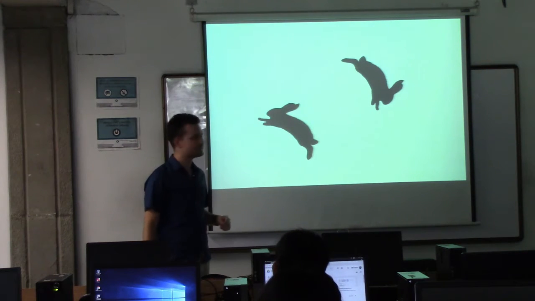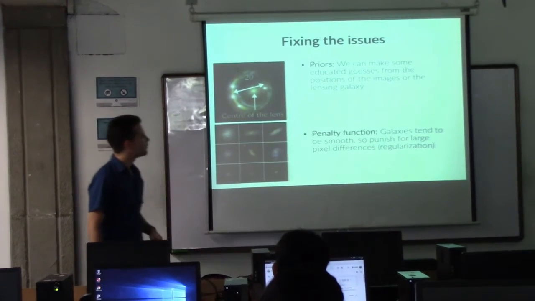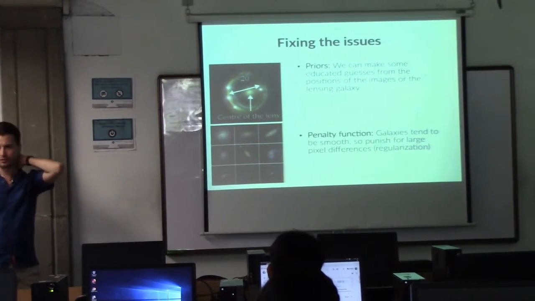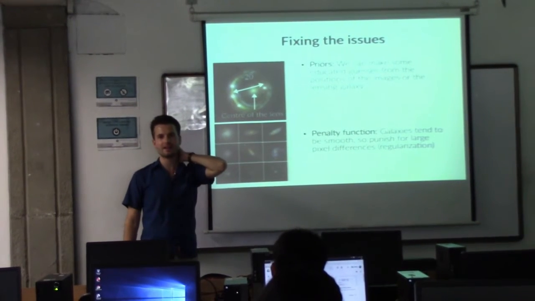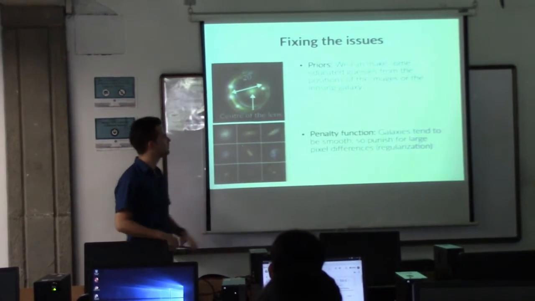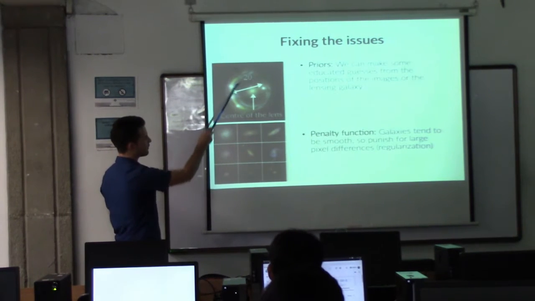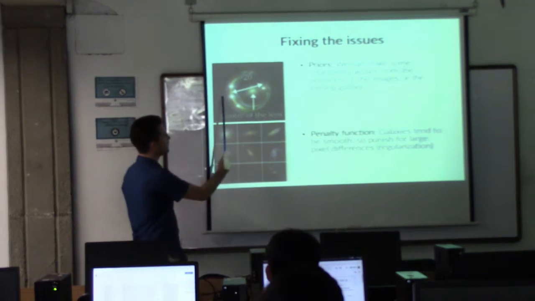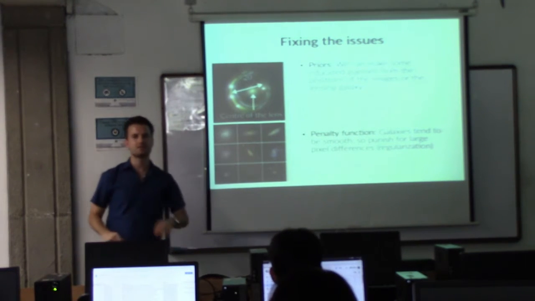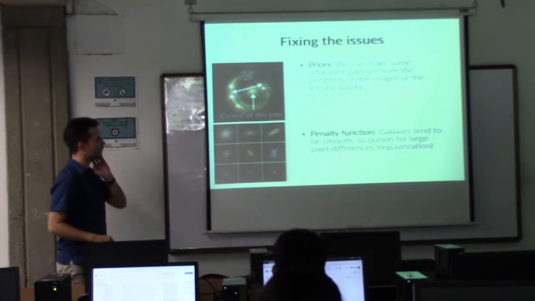So how do we fix the issue that the lens can have 0 mass? Well, you can put some priors on your lens parameters. So one good thing is to say it cannot have 0 mass. And we also, from observations, for example, in RXJ1131, can make some educated guesses, right? The image separation is roughly 2 Einstein radii, as we saw on day 1.